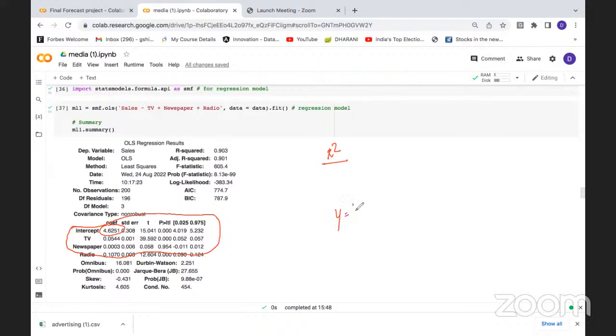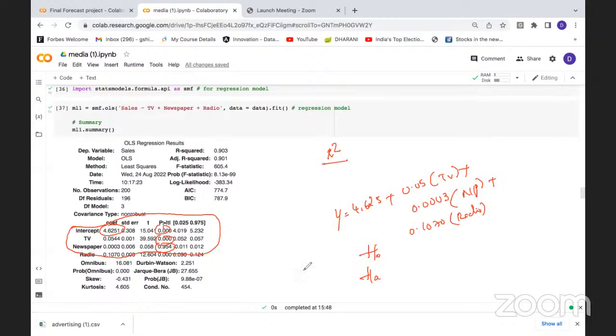It is y is equal to 4.625 plus 0.05 into TV data plus 0.170 into radio. This is the equation. And to our surprise, look at the p value of newspaper here.